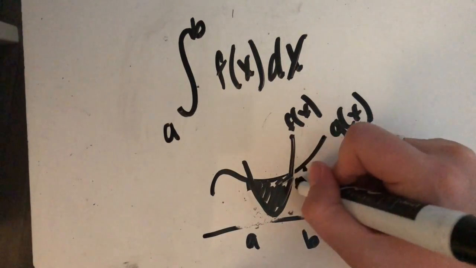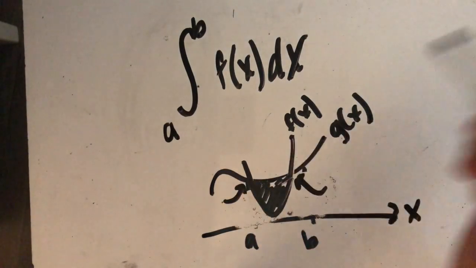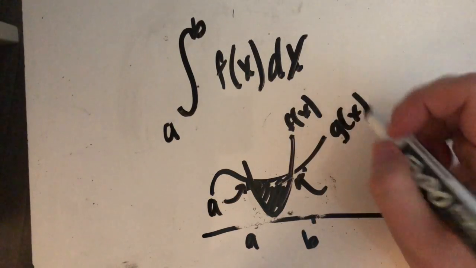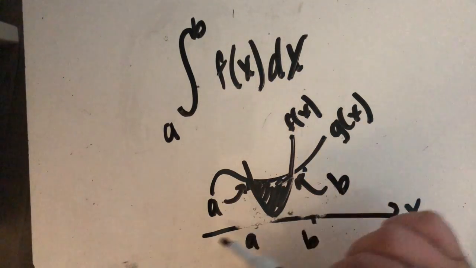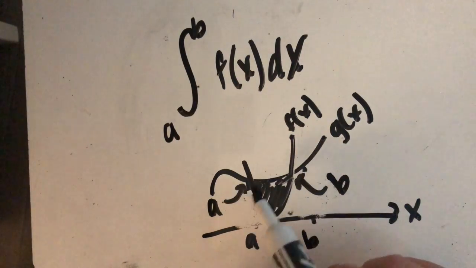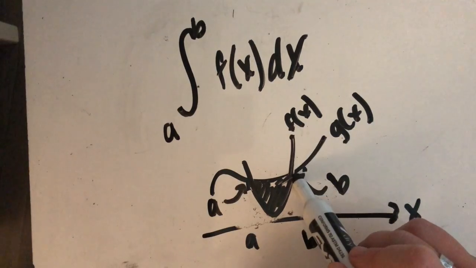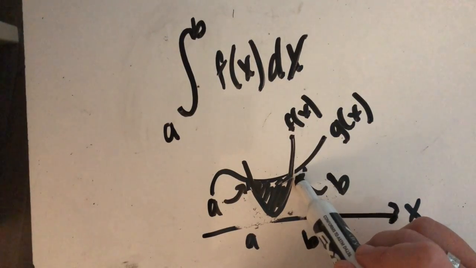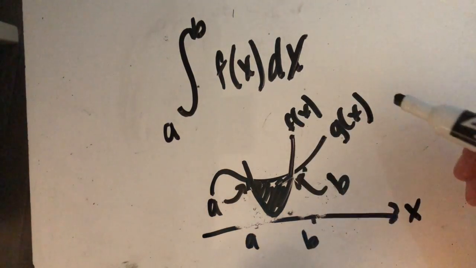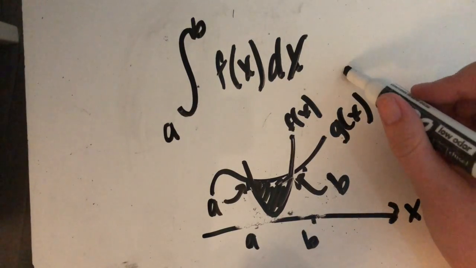So in order to do that, we're going to have to figure out a couple things. We are going to need to find where they intersect. We're going to need to find our boundaries. So my A is going to be where they intersect the first time. B is going to be where they intersect the second time. I'm also going to need to figure out which one is on top. Is g of x on top or is f of x on top?